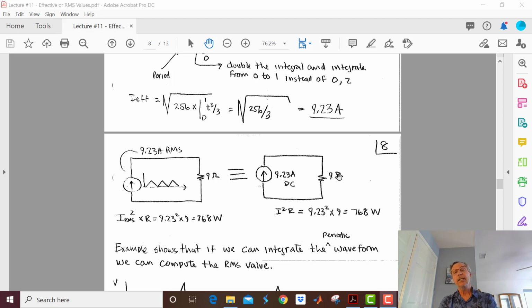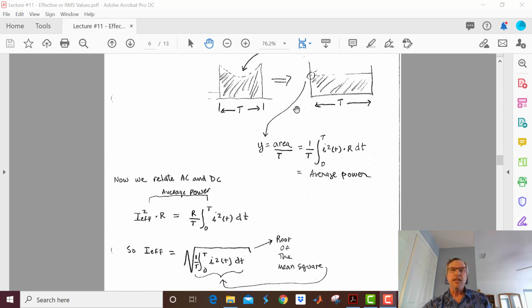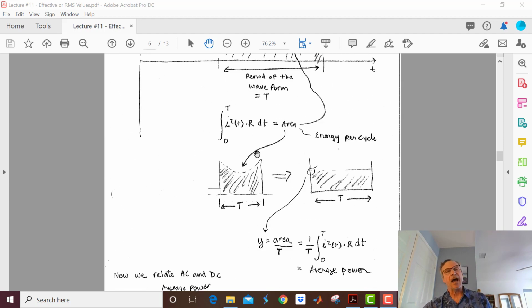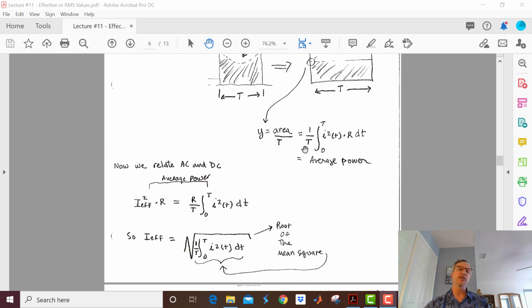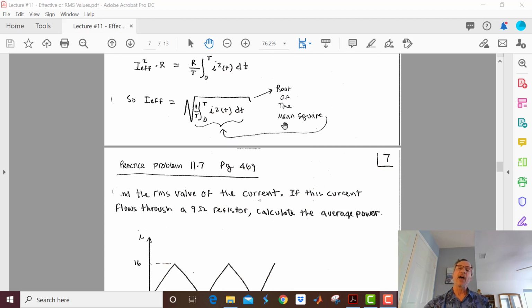And what's really neat is the AC voltmeters and current meters in the laboratory at SDSU and at whatever school you're going to, those meters are RMS meters. What they do is they can look at the waveform, perform the integration, do the averaging, and when they give you an AC voltage or an AC current, that value is an RMS value.